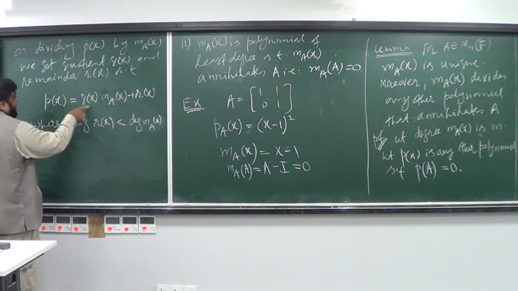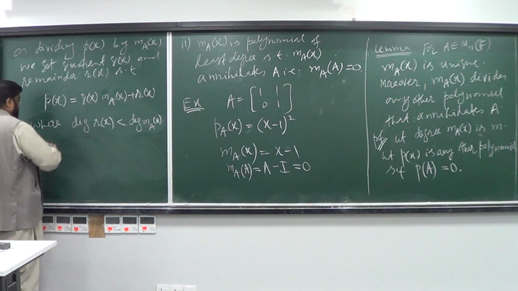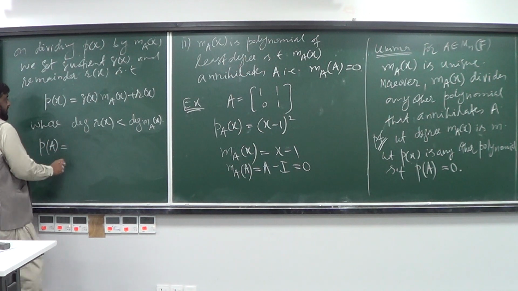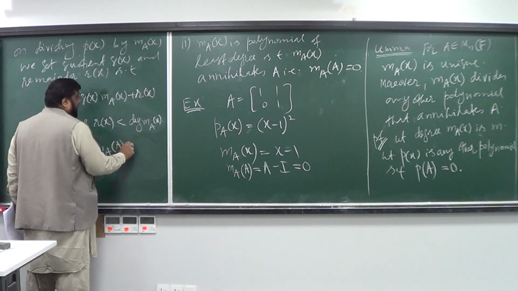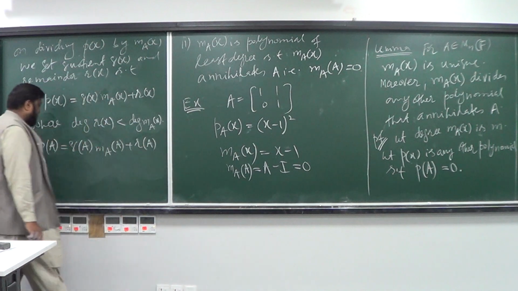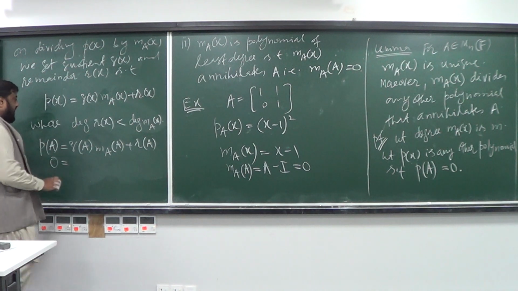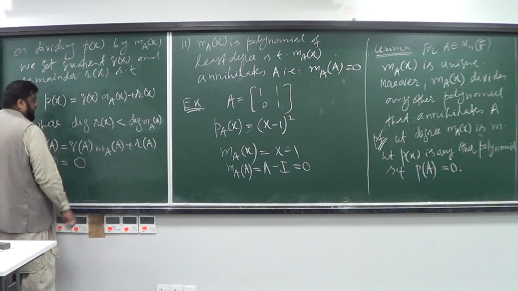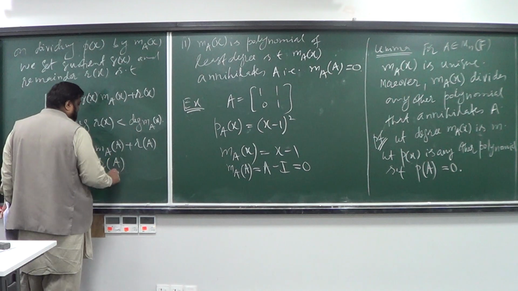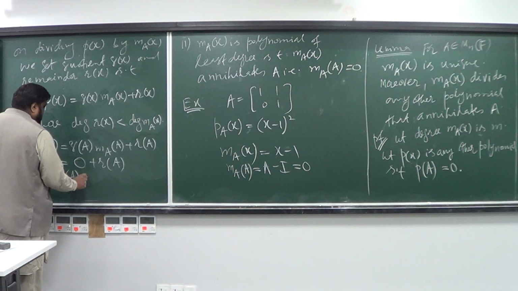Now, if in this polynomial equation I substitute A, you're going to get Q of A times MA of A plus R of A. Now I know that P of A is annihilating, and MA is also an annihilating polynomial, so this will become 0 plus R of A. This means R of A equals 0.